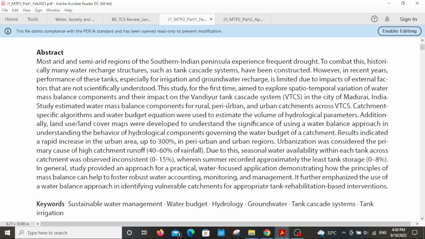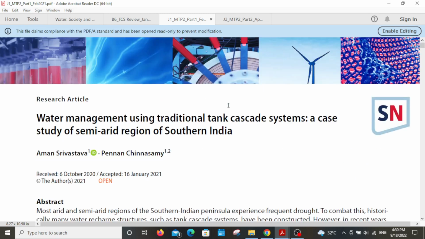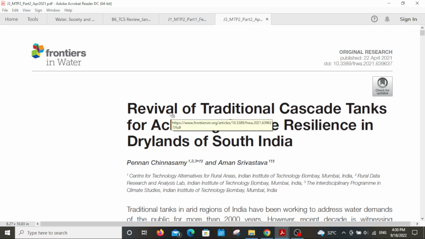So this was the abstract of the research article, Water Management Using Traditional Tank Cascade Systems, case study of semi-arid region of Southern India. So before we go into the details of this paper, let's also see what was the follow-up research to this. Another reference paper that will be focused will be Revival of Traditional Cascade Tanks for Achieving Climate Resilience in Dry regions of South India.